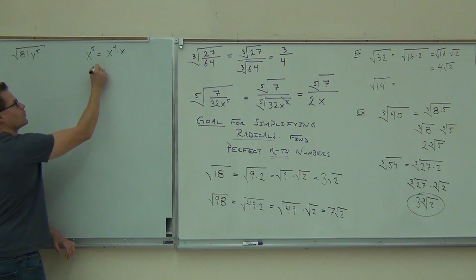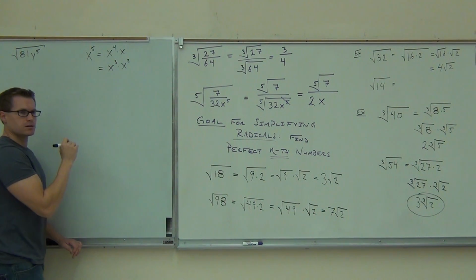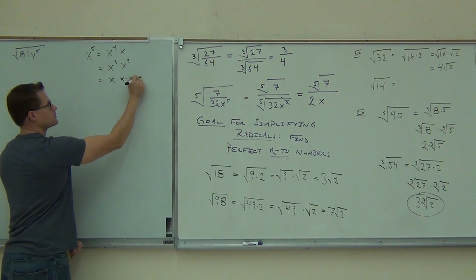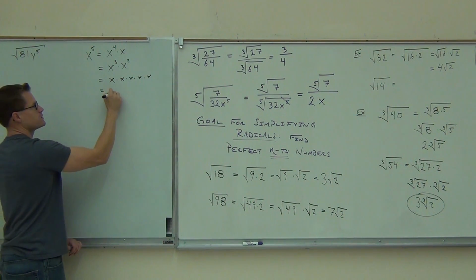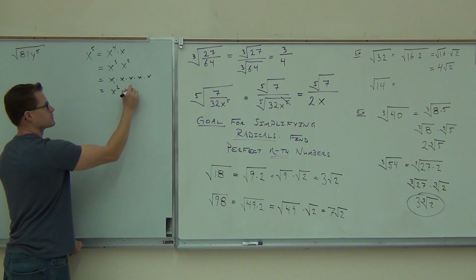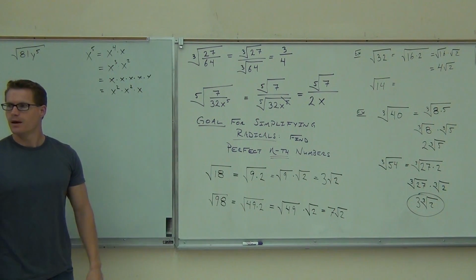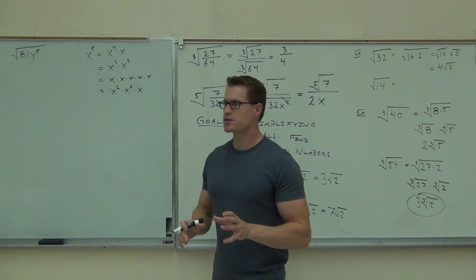Sure. Or this one. That's true, right? Or I could do that one. That's true. Or I could do this. Is that still x to the fifth? Yep. Now what we're trying to do is write this with as many power 2's as we can.